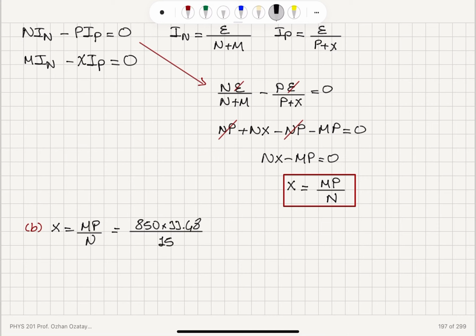So that gives me X is equal to 1897 ohms. Basically, it's an application of this equation for three known resistances, and provided that the bridge is balanced, the unknown resistance is 1897 ohms.